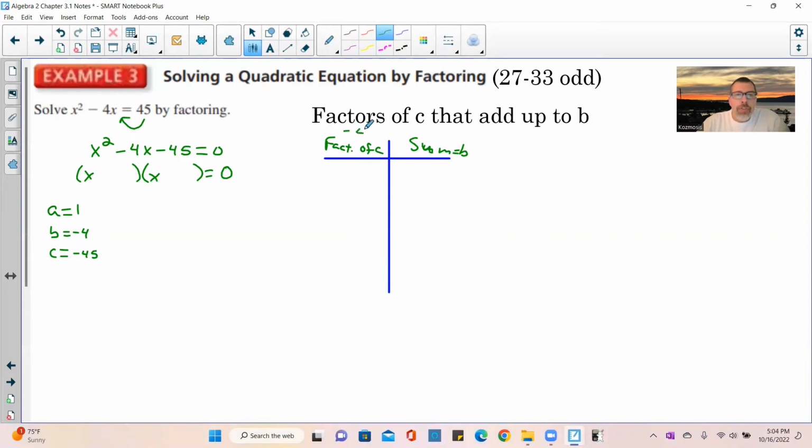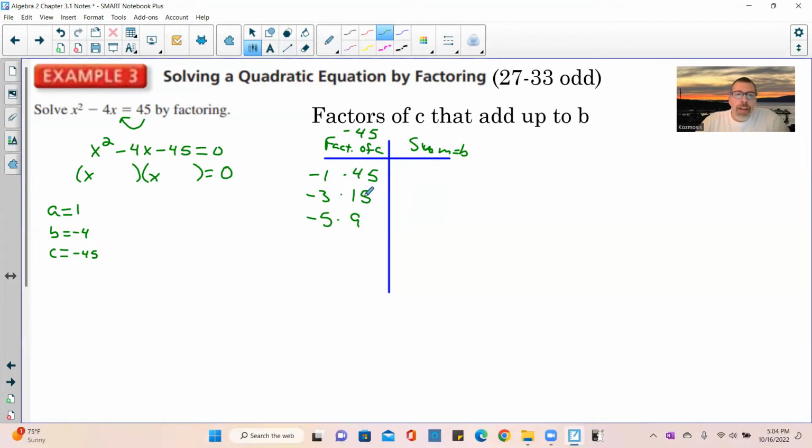C is negative 45. So factors of C are negative 1 times 45. 2 won't go. It's negative 3 times 15. 4 will not go. 5 will. Negative 5 times 9. 6 won't go. 7 won't go, 8 won't go.